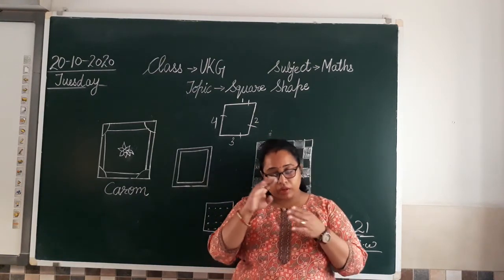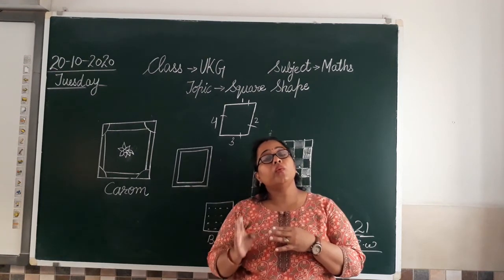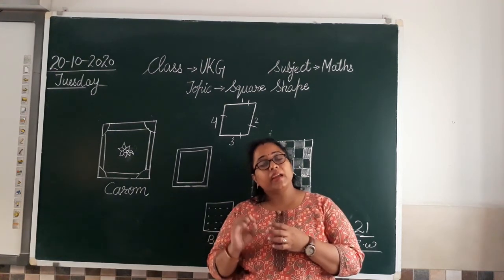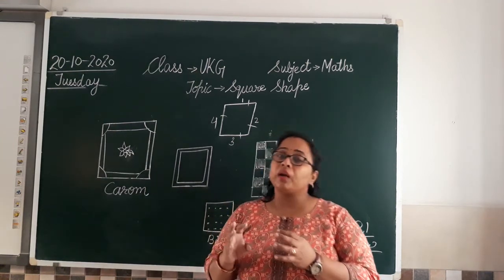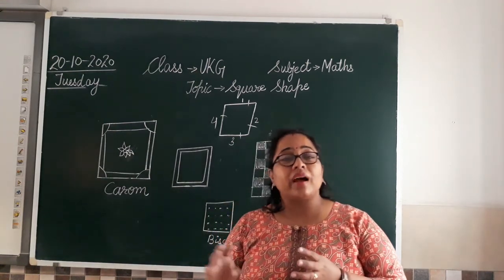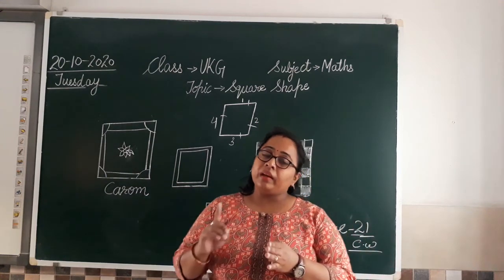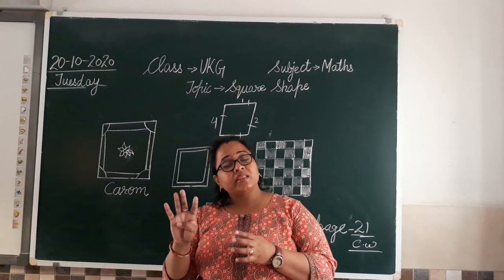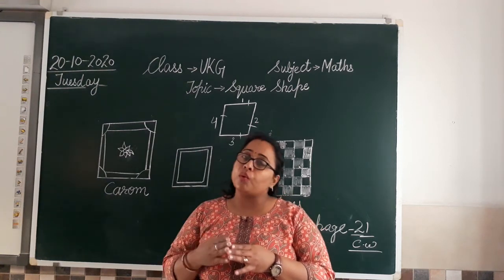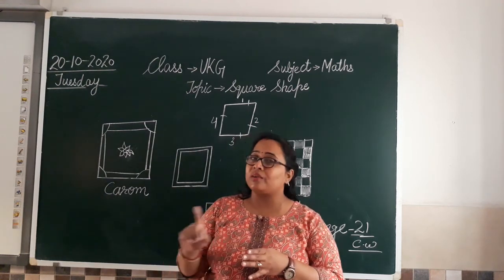The four sides will be equal. No side can be big or small. If any side is big or small, that means that is not a square shape. Clear? So very easy to remember. If it has 4 sides and they are equal then it is a square, if not equal then that is not a square.